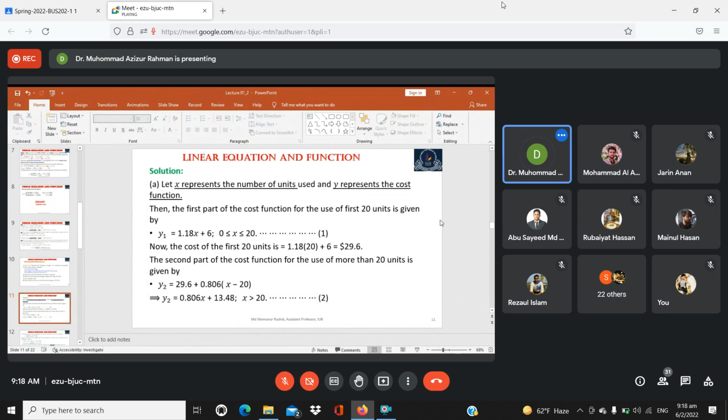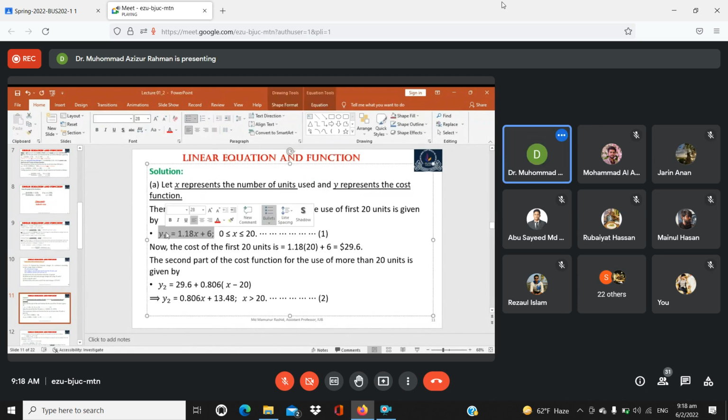So for the first part, our equation should be y1 equals, this is a fixed amount, 6 plus 1.18x, and the limit is x less than or equal to 20, right? So our first one is done. Now if we use 20 units, what would be our cost? We put the value x equals 20 here. This is our cost.